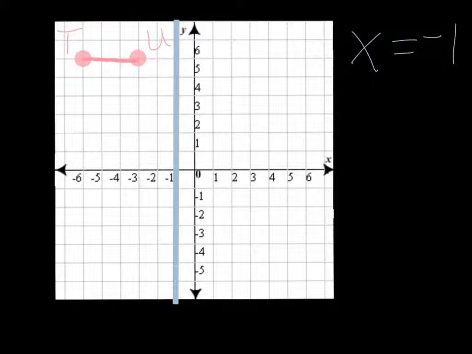Now I'm going to reflect point U, and I'm going to count until I hit the x equals -1 line, and then I'm going to count on. So I'm going to start at U, 1, 2, 1, 2.